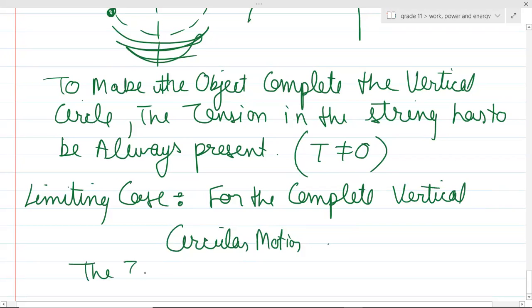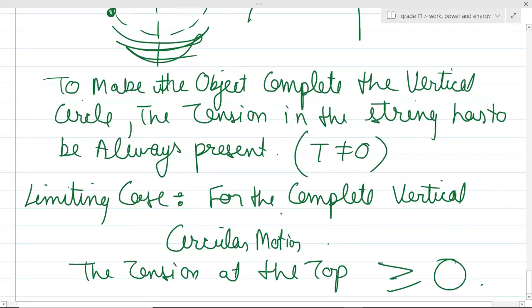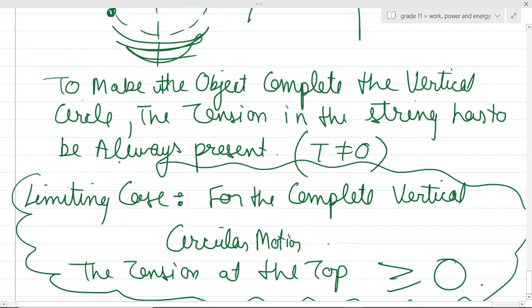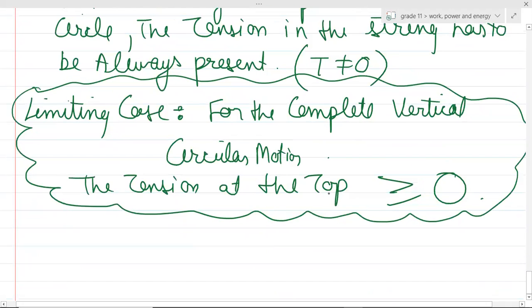The tension at the top should always be greater than or equal to zero. This is a very important condition. What is the minimum case which is possible? The tension at the top is equal to zero. That's the limiting case.